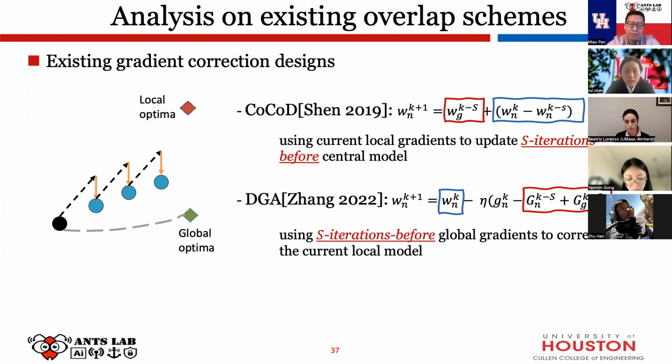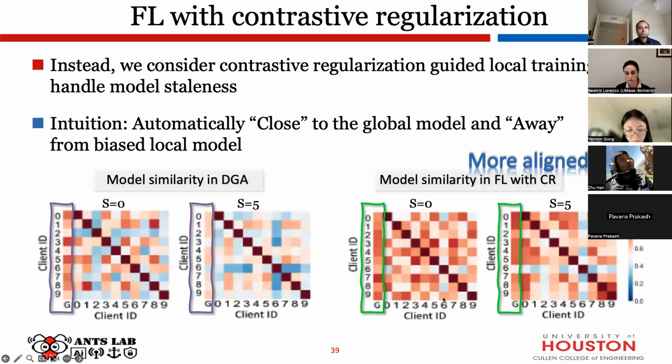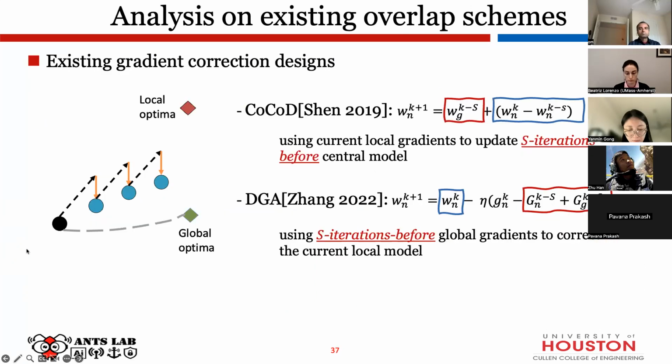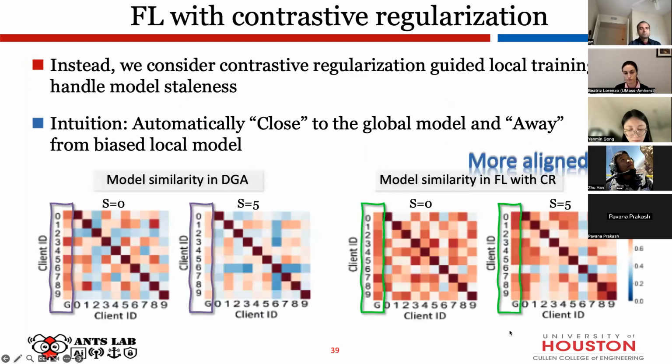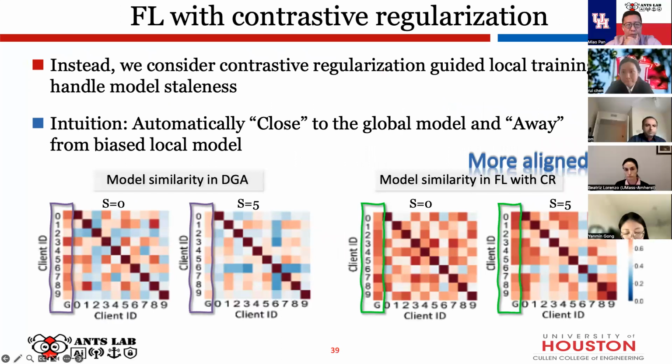But in our work, we consider a different way. We want to use feature alignment to restrict the differences between the global model and the local model. But so far, there's no theoretical analysis proving the feature alignment convergence here.